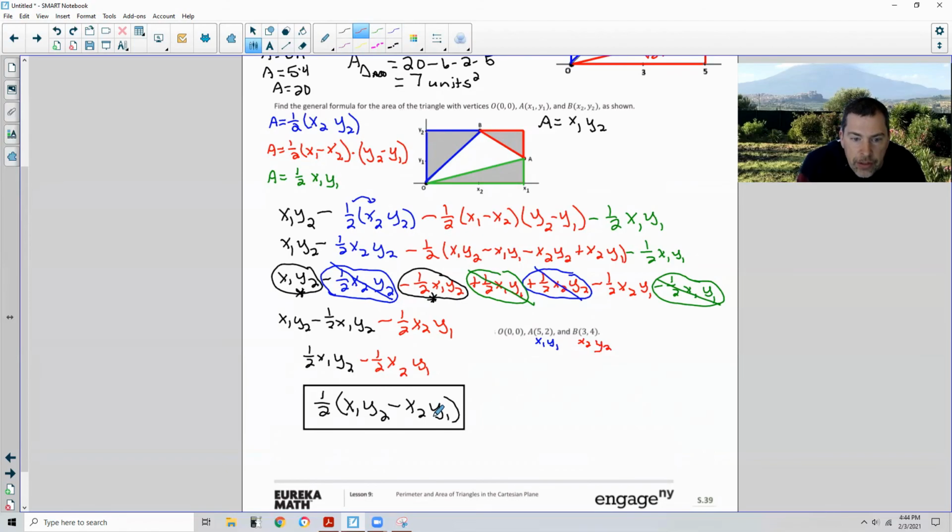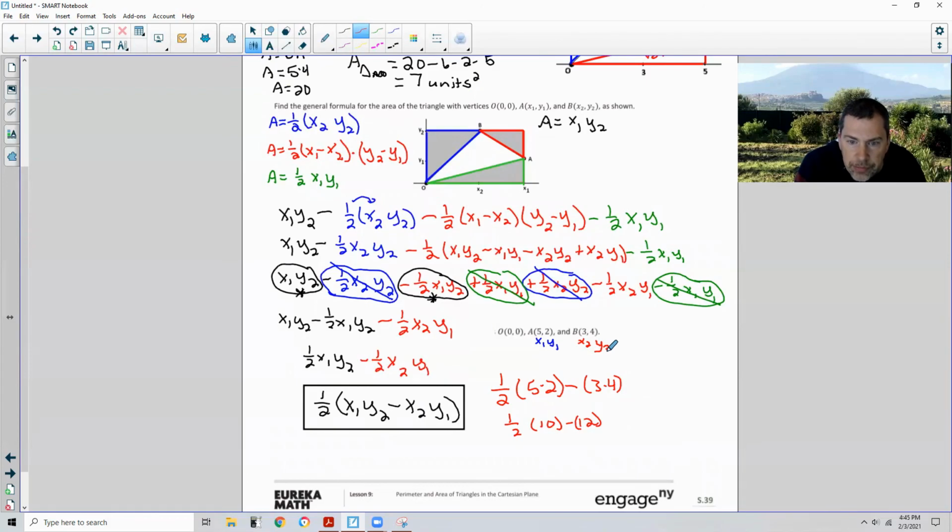So if I substitute this in, then let's check it. I take 1/2 x sub 1 times y sub 1 minus x sub 2 times y sub 2. All right, so this is going to be 1/2 10 minus 12.